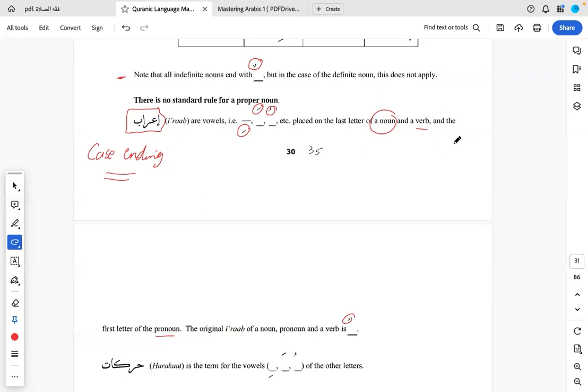So for us to understand the importance of this case ending system in Arabic, if we look at this sentence, if we say قتل الرجل الأسد. Now, قتل means to kill. الرجل means man. الأسد means lion.